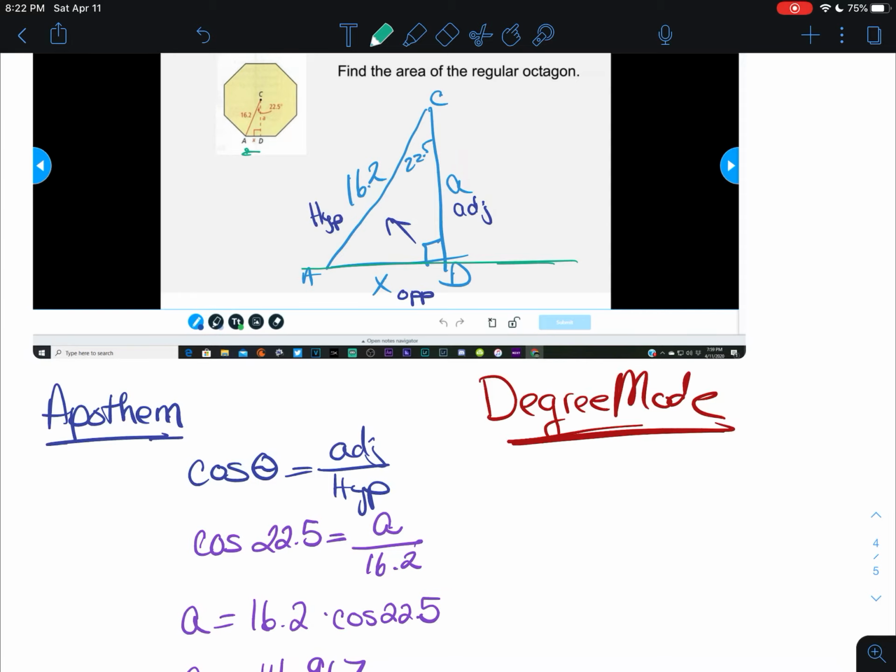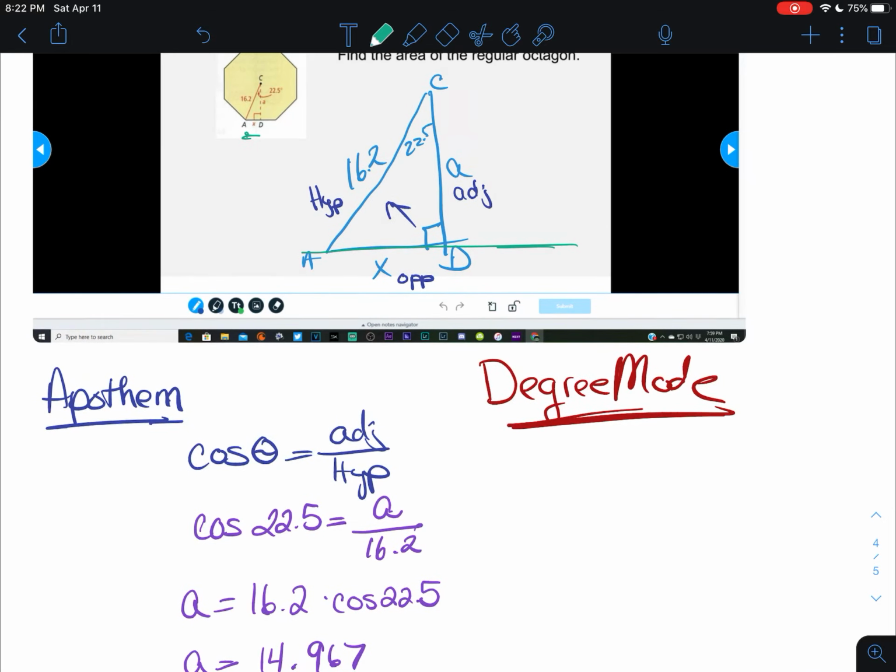And again, we have 16.2 as our hypotenuse, and opposite over hypotenuse is sine. So the sine of theta equals opposite over hypotenuse. I wrote the X for opposite. So sine of 22.5 equals X over 16.2.